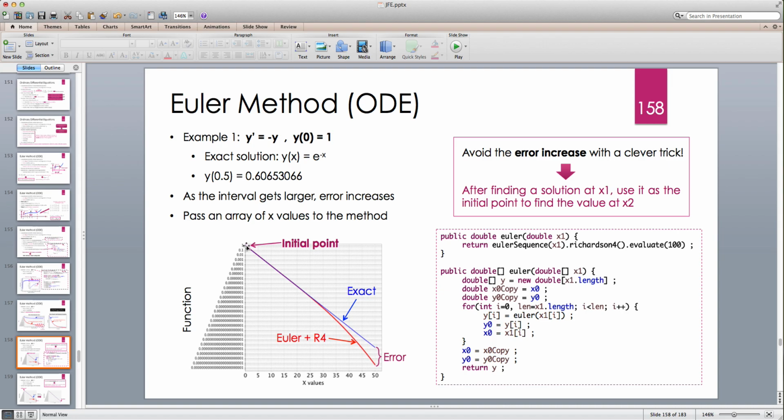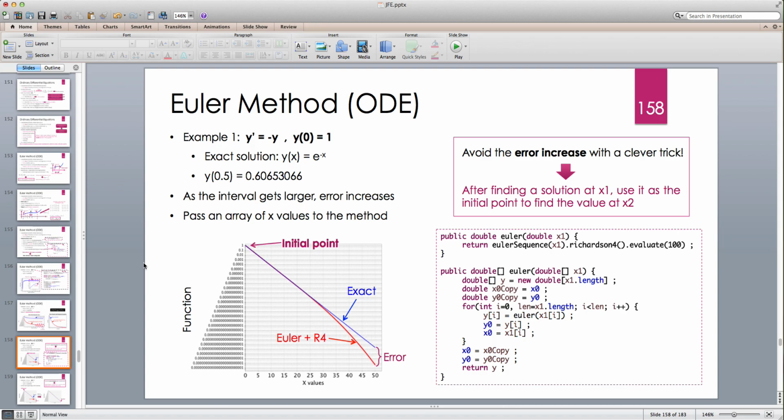From 0, which is the initial point, where the function is 1, right? y0 is 1. And then at x equals 50, the function is very small, okay? But I have calculated and plotted it here, right? So this is not the error of the function. This is the exact value of the function. And it's on a logarithmic scale.